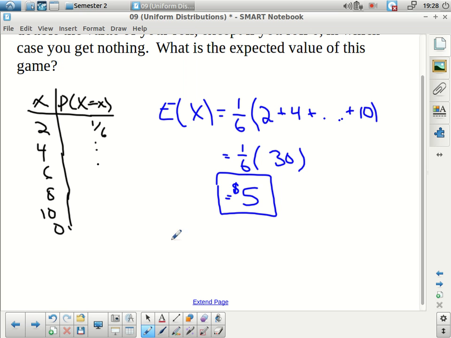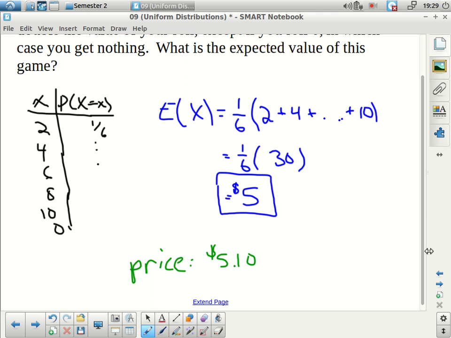That doesn't seem like a great deal. Because this is less than 6 already, maybe I'd charge something a little more than that, like $5.10. $5.25 maybe. So just a little bit more.